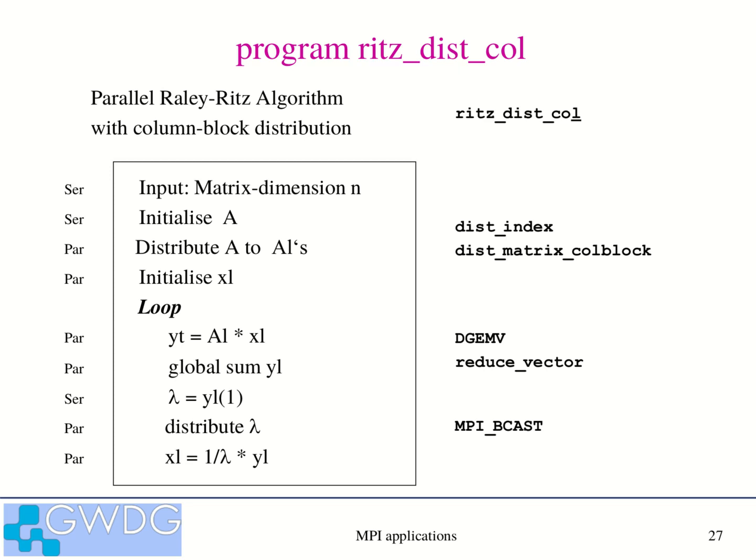But of course, the first element will reside on process 0, and every process has to know this approximation, so you have to distribute it and rescale all your local inputs by this approximate eigenvalue. Then you can go back to here. You have a new input vector xl, x local, and you have to multiply it by the matrix.